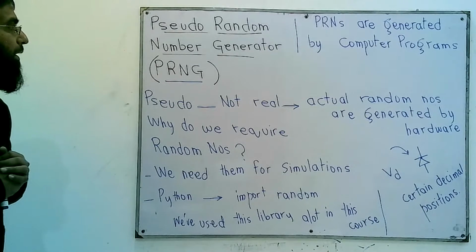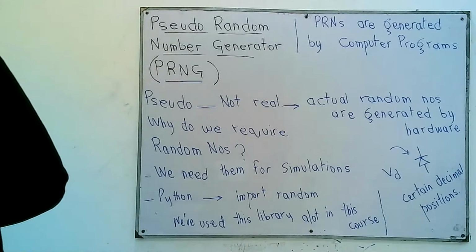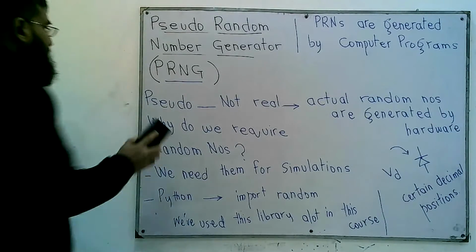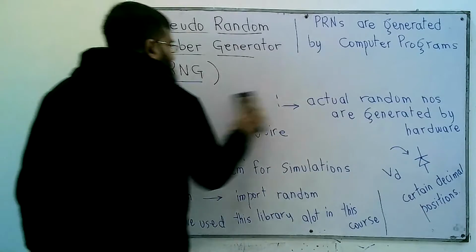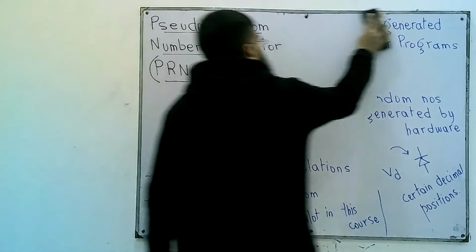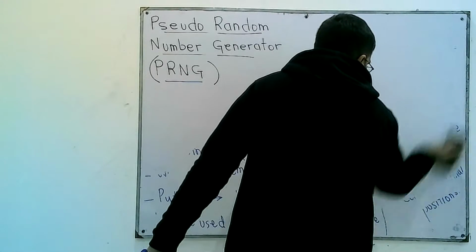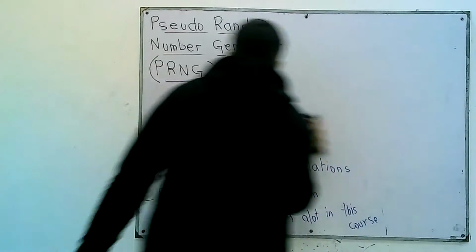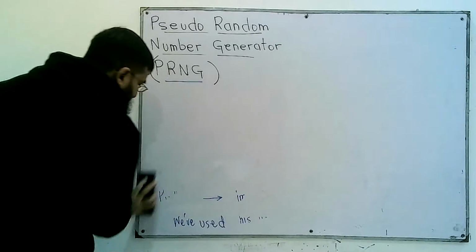So what are the characteristics of pseudo-random numbers? Actually, there are three characteristics for PRNs, pseudo-random numbers. PRNGs are pseudo-random number generators.